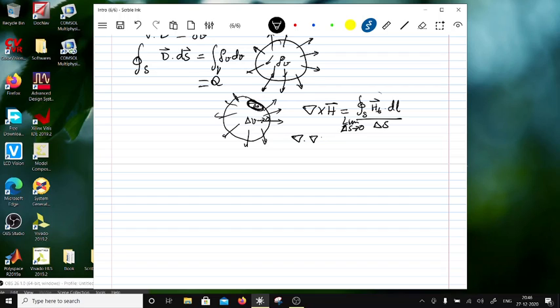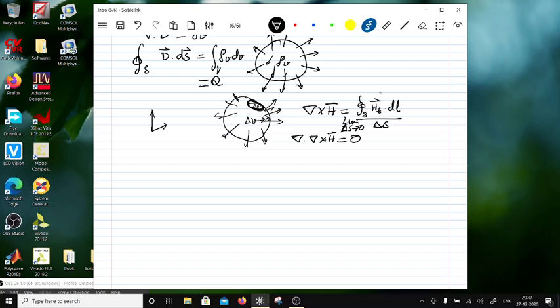divergence of curl of H. So now if I apply divergence, then this volume has to shrink to 0, right? So what would happen is that one component is going to be perpendicular, and the other component is going to be tangential. So we are talking about orthogonal components now. If you take the divergence of the curl of a vector, that's always going to be 0, because divergence involves a dot product.